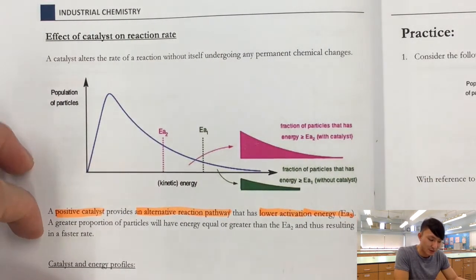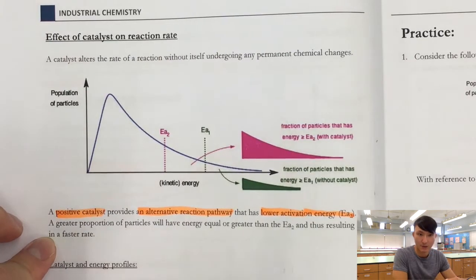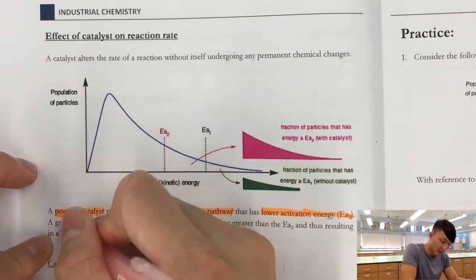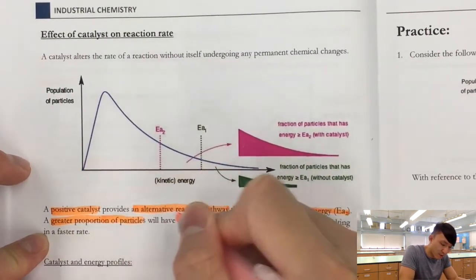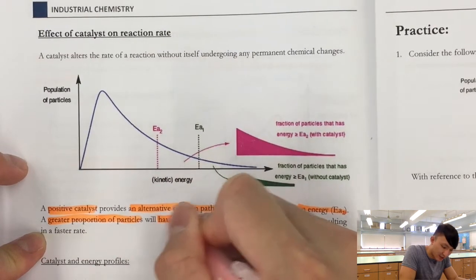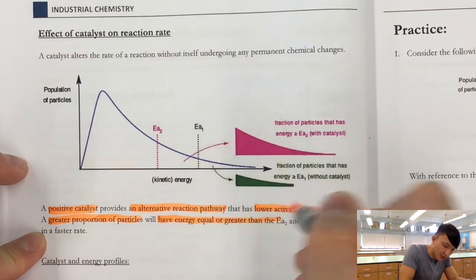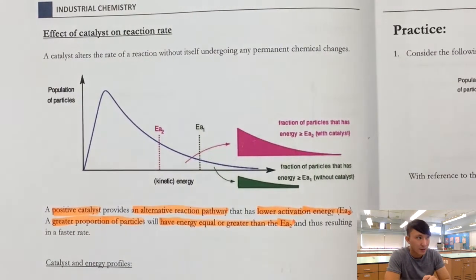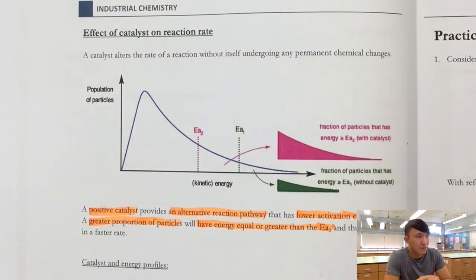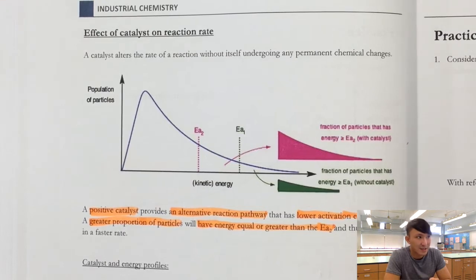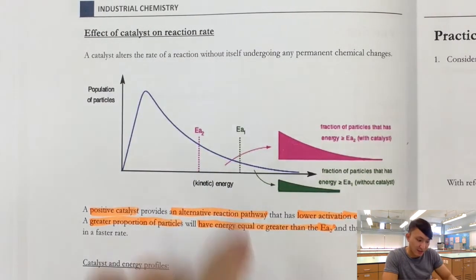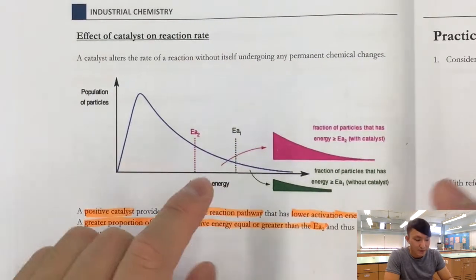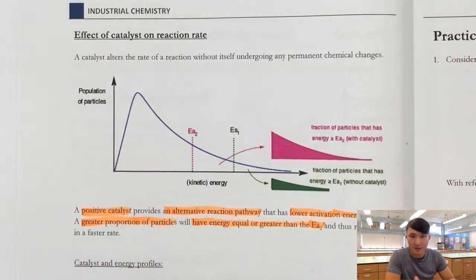So you notice that this sentence is similar to what we talked about. A greater proportion of particles will have energy equal or greater than the activation energy 2, and therefore the reaction is faster. Okay? So remember, a catalyst doesn't change the original activation energy. You notice that the EA1 is still there. So the original reaction path is still there.